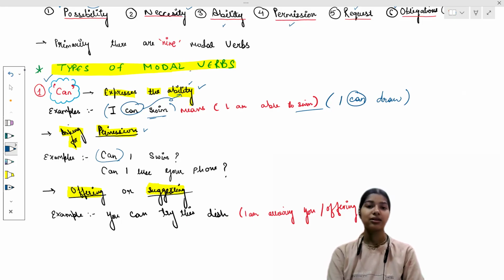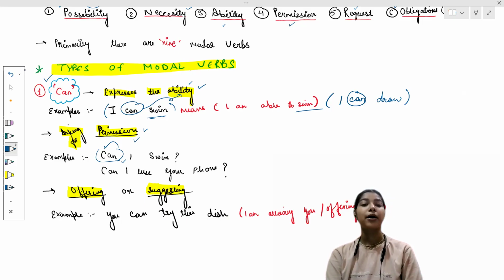But when I change the expression, the use of the modal changes as well. Here it is showing permission, like, can I swim? Can I use your phone? So these are permissions.